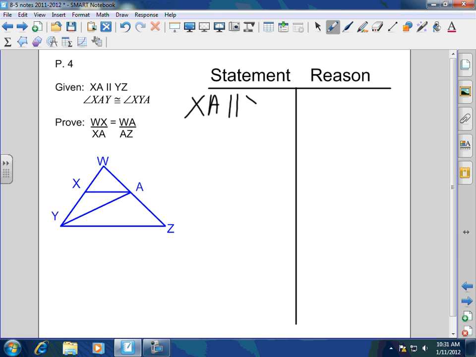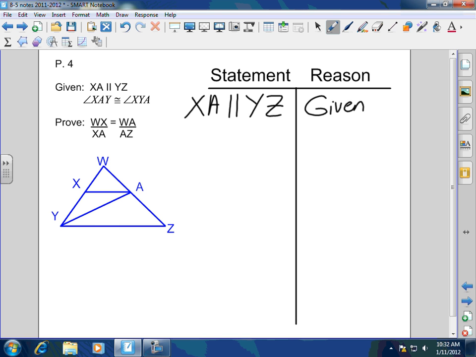XA is parallel to YZ, and that is given. Now I am trying to prove here, guys, that WX to XA is proportional to WY to AZ. So let's look at what they first give us.